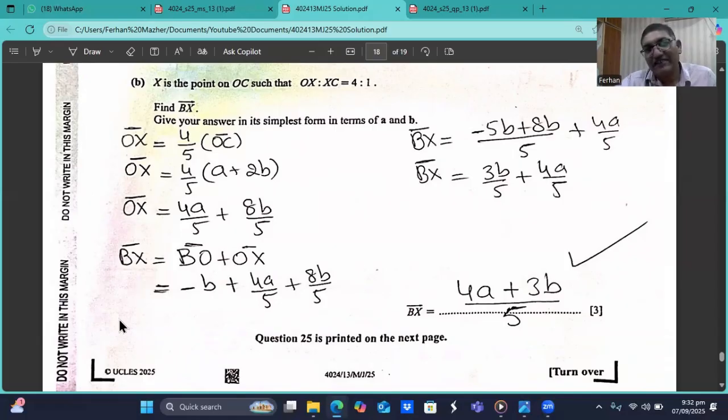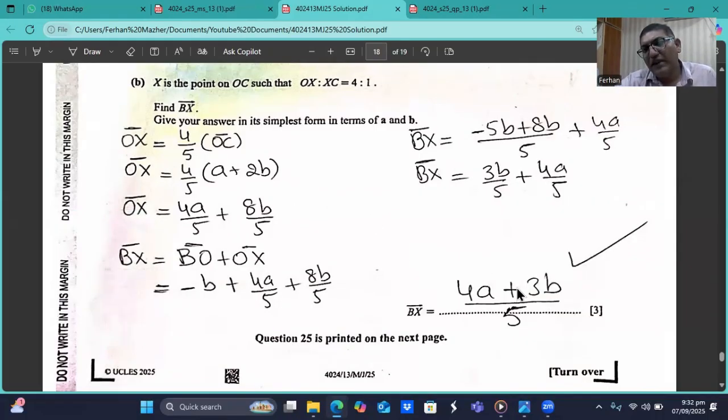BX, the bypass is from B go to O, from O go to X. B to O is minus b, plus 4a by 5 plus 8b by 5. So this can be simplified. It will be minus 5b plus 8b divided by 5 plus 4a by 5. So this will be 3b by 5 plus 4a by 5. You can take this 5.